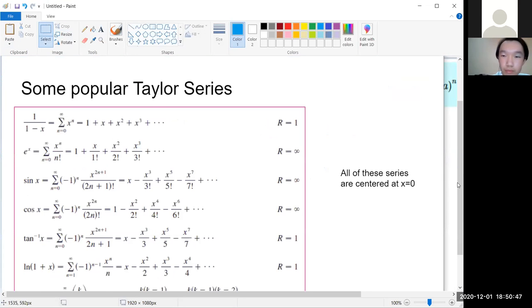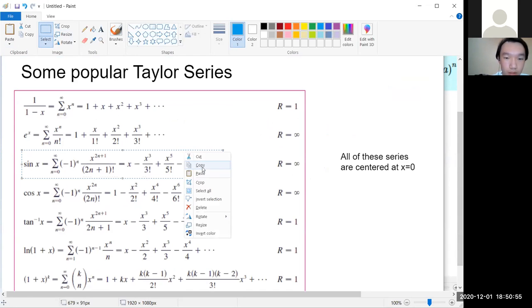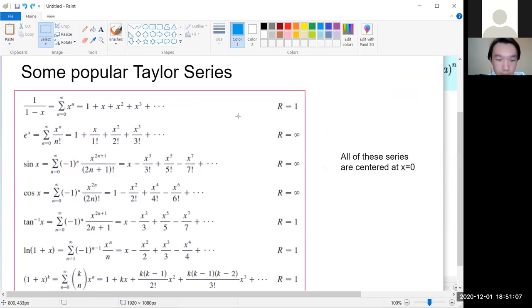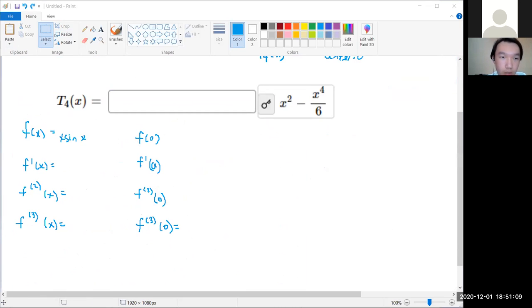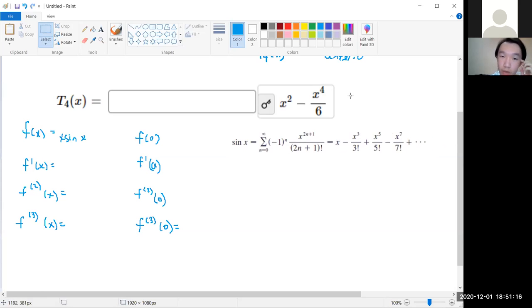Okay, here. This is the one I'm pasting. So this is pasted from the table. Here is the Taylor series for the sine of x function.